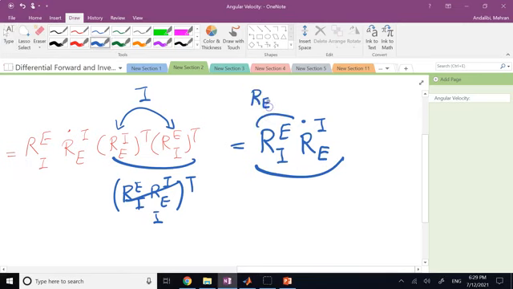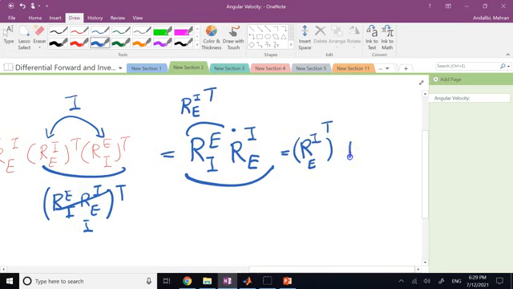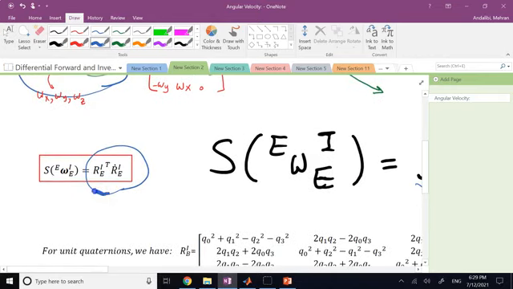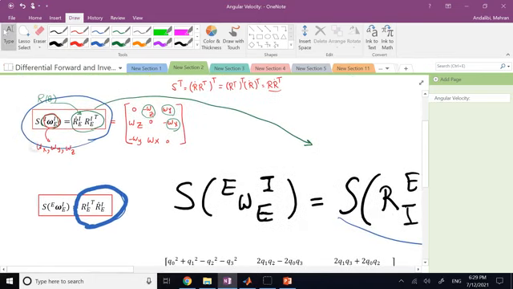This is R of E in I transpose times what? R of E in I dots. And this one is exactly this guy here. So here I got both of my formulas.